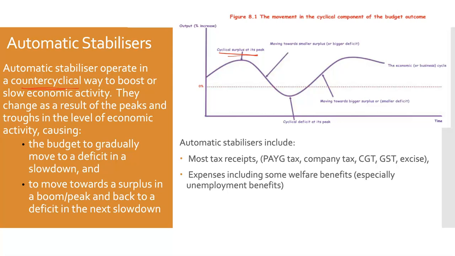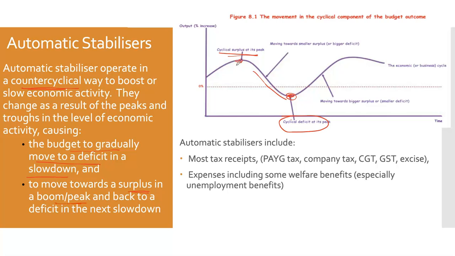So this will cause the budget to gradually move to a deficit in a slowdown. So in a slowdown here, you can see we're going to have a cyclical deficit here. Something in the budget automatically is creating this. And we're going to have more of a move to a surplus when we have booms and peaks like this.